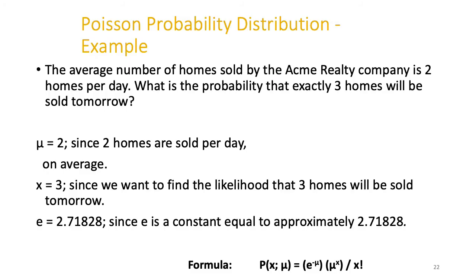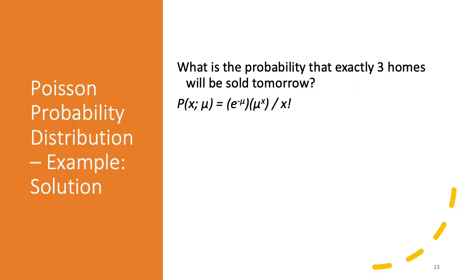Let's look at an example. This question says the average number of homes sold by Acme Realty Company is 2 homes per day. What is the probability that exactly 3 homes will be sold tomorrow? So first, key criteria. The mean number of homes is mu equals 2. We are interested to find out the probability that exactly 3 homes sell, so x is 3, and e, of course, is just 2.71828.